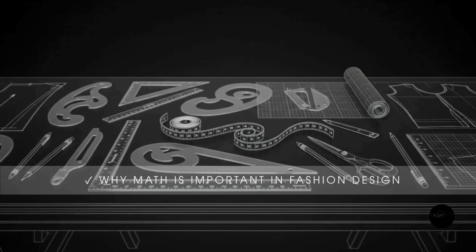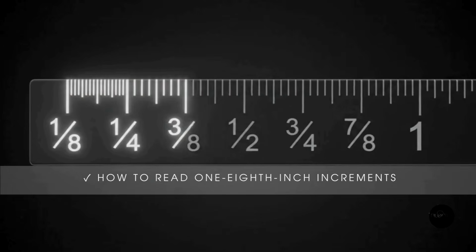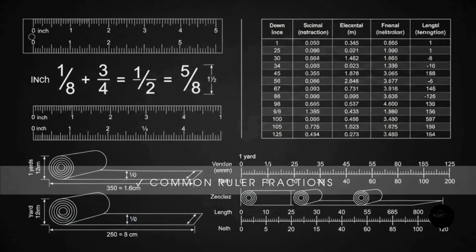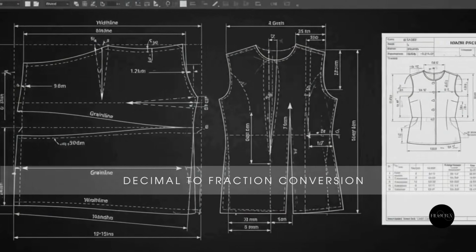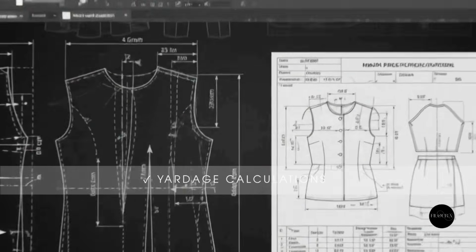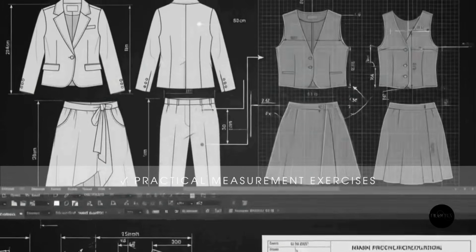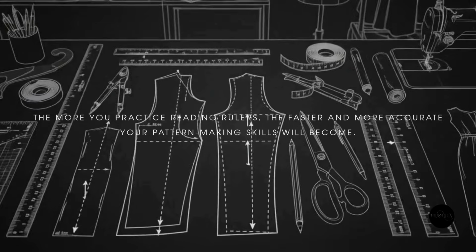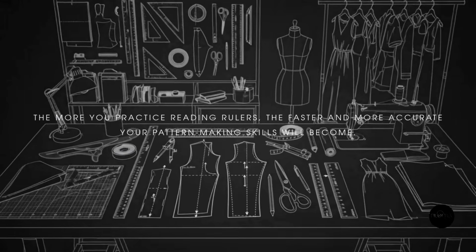Let's do a quick recap of what we learned in this video. Why math is important in fashion designing, how to read 1/8 inch increments, common ruler fractions, decimal to fraction conversion, yardage calculation, and a practical measurement exercise. The more you practice reading the ruler, the faster and more accurate your pattern making skill will become.